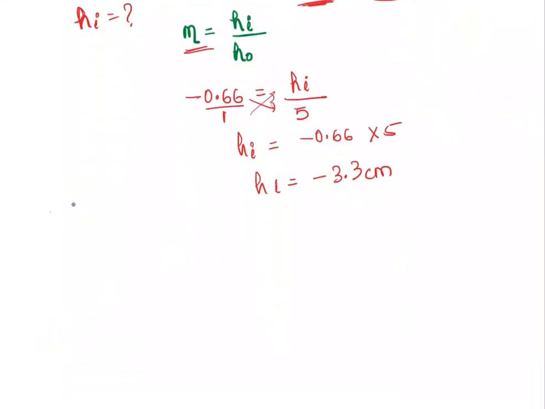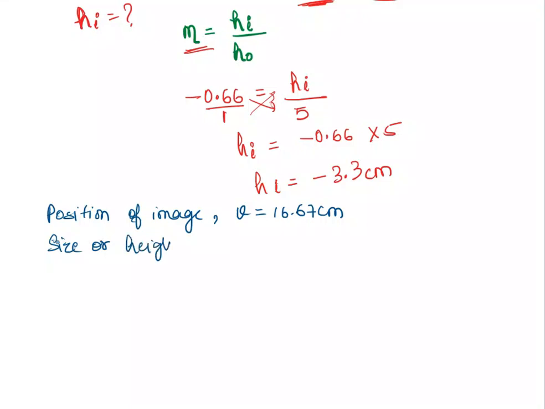So first, we have the position of the image, represented by V and given as 16.67 centimeter from the lens. Now next we need to find the size, or we can say the height of the image, that is represented as HI.